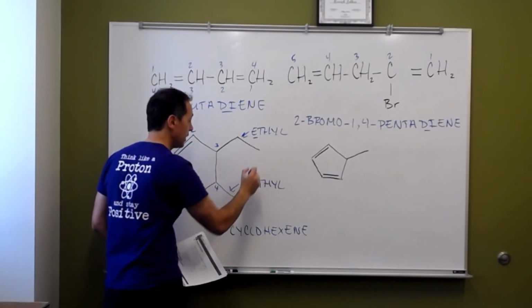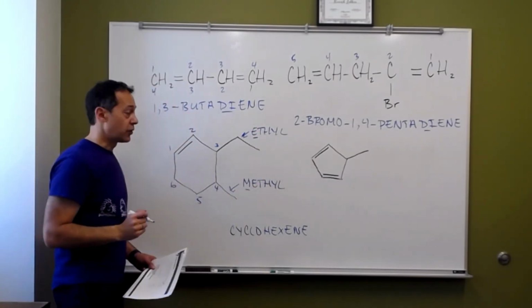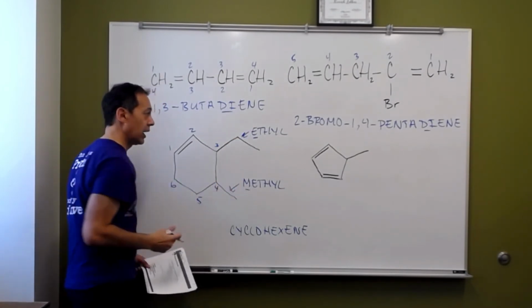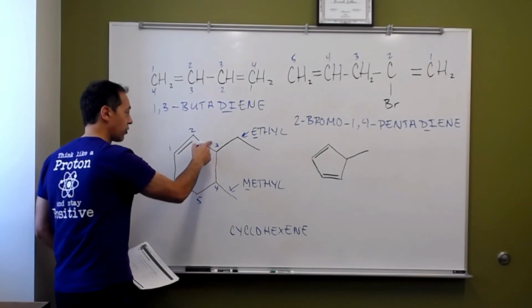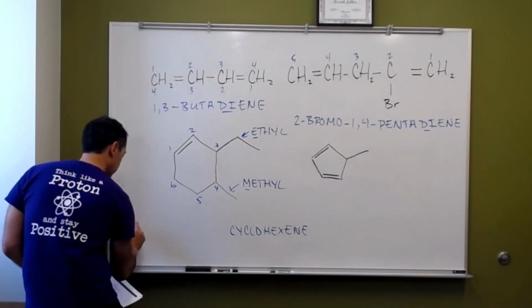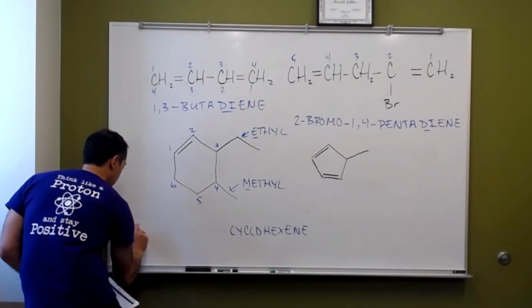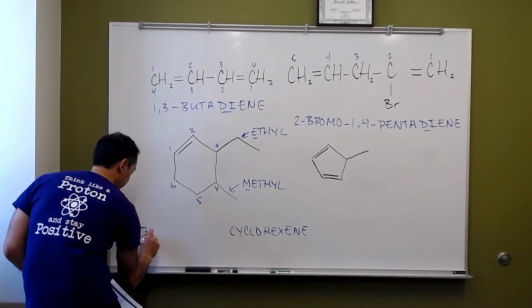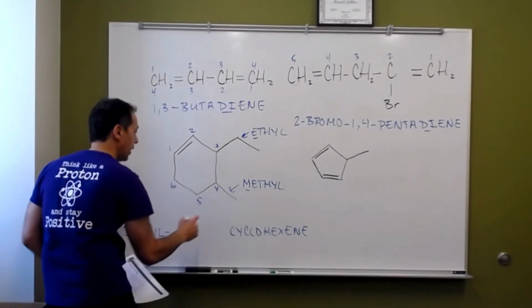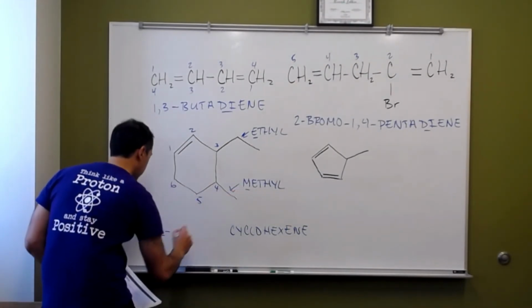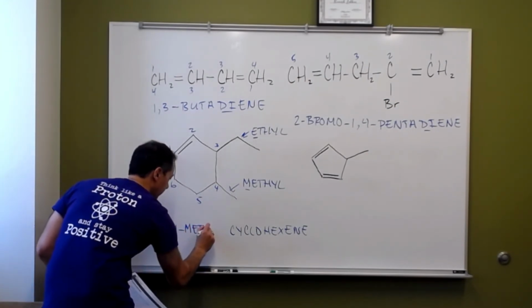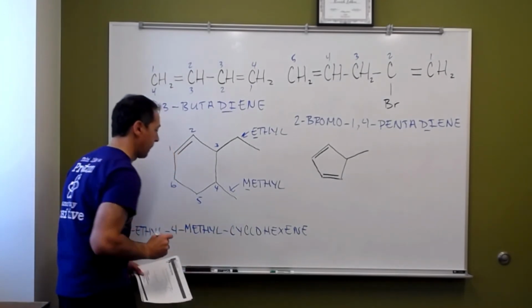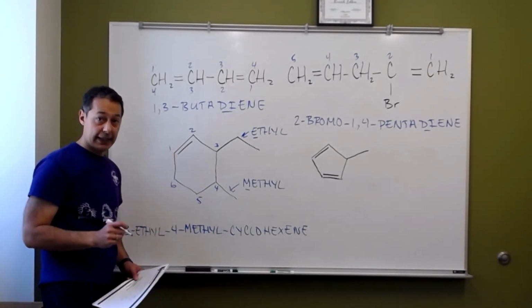So we have an E and we have an M. So the E comes before M alphabetically. So we would say that this here is 3-ethyl. And then 4-methyl. Cyclohexene.